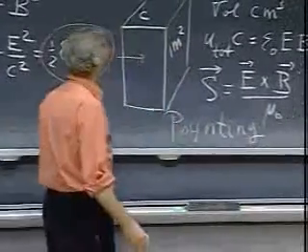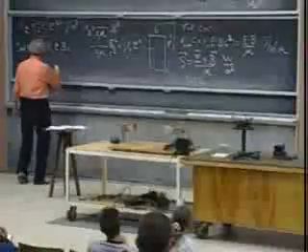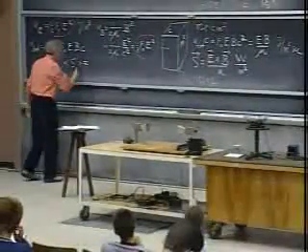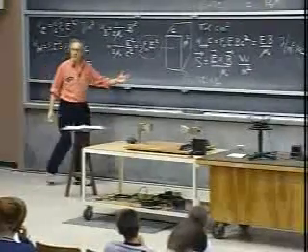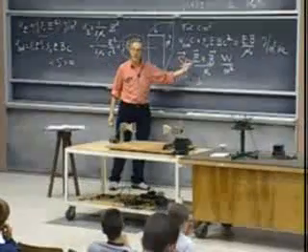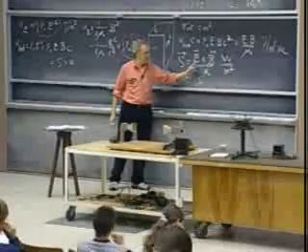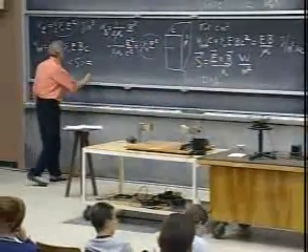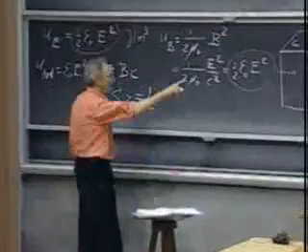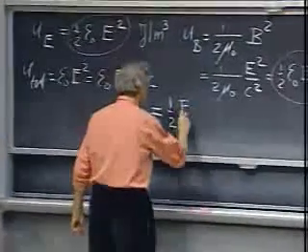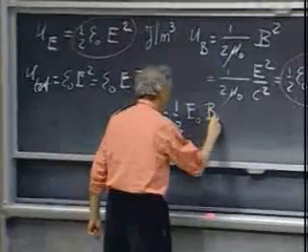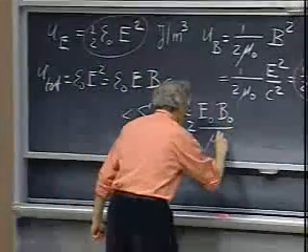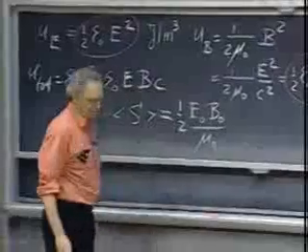And the time average value of the Poynting vector is first of all the time average of the cosine square omega t, or the sine square omega t, whatever the case may be. And the average value of cosine squared is 1/2. And then I can write now for E0, and for B I can write B0, which is now the maximum value possible, divided by mu 0.